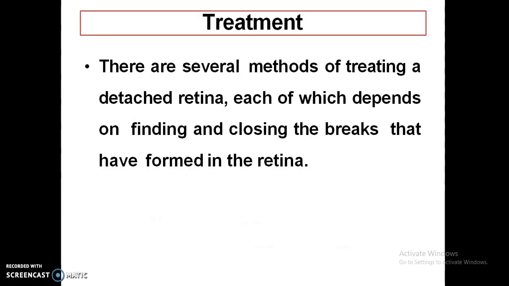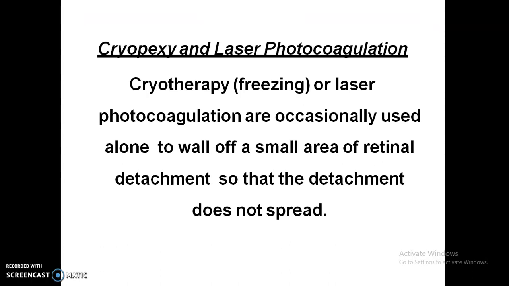These are the different types, and for treatment there are several methods of treating a detached retina, each depending upon the type of the retinal detachment. One of the options is cryopexy and laser photocoagulation. Cryotherapy means we are freezing, and laser photocoagulation is used along the wall of a small area of retinal detachment so that the detachment does not spread.